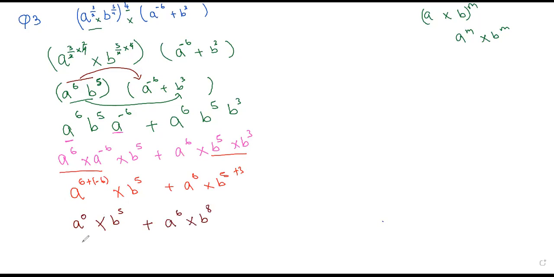And finally, a to the power 0 is what? Is it 0? 1. Very good. So 1 into b to the 5 would be b to the 5 plus b to the 8, a to the power 6. Okay. This would be your answer.